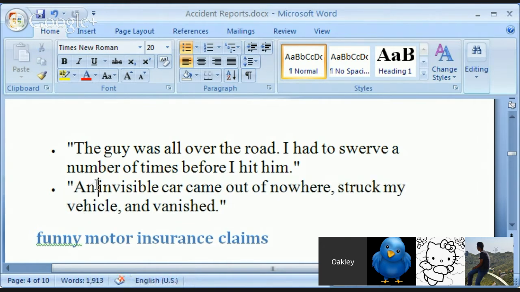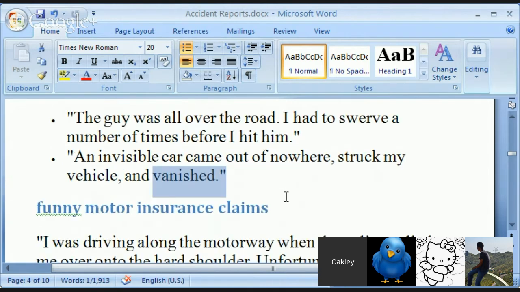It's an invisible car. Where did it come from? Out of nowhere, and immediately after, the invisible car vanished. Wow. How does an invisible car vanish? I don't know how that's done. It's very funny.